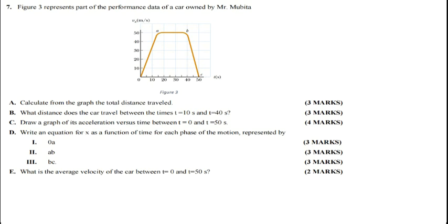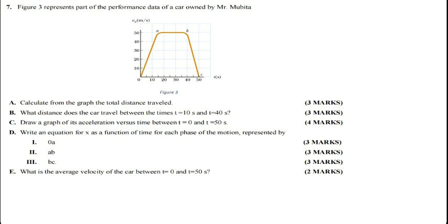Those are the main things. So now let's go ahead and start. I'm going to teach velocity time graph using this question, where we have points O, A, B, and C.